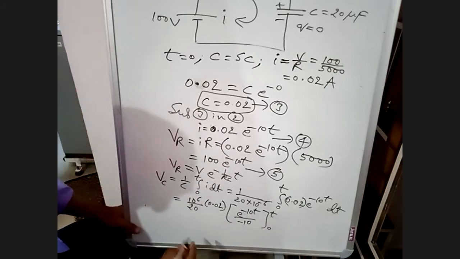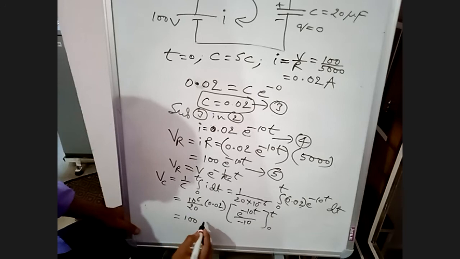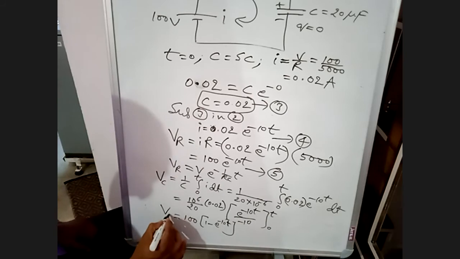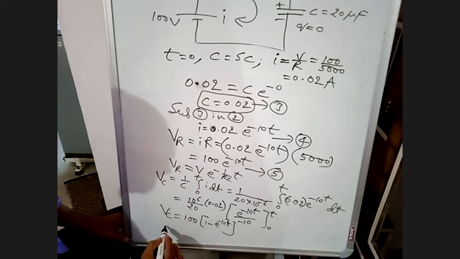If you substitute the limits, you will get 100 into 1 minus e power minus 10t. You can solve and see. We will get this value.